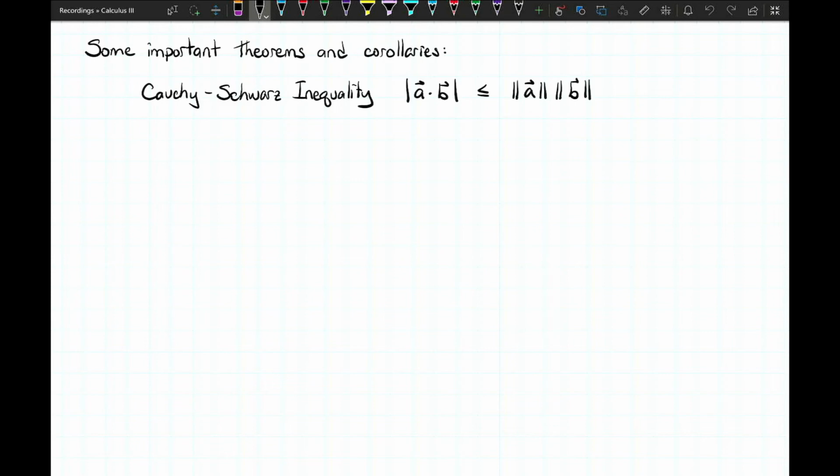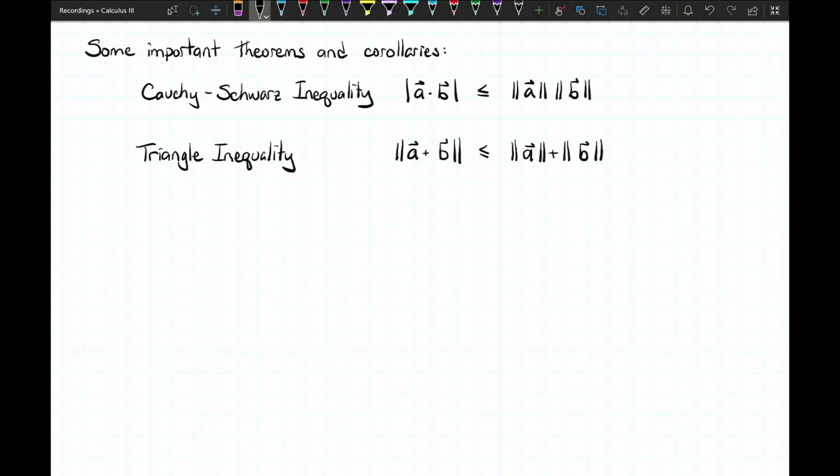Once you've got the Cauchy-Schwarz inequality, then we can come up with a little bit beefier inequality called the triangle inequality. Now, what the triangle inequality states is that the norm of the sum of the vectors a and b is always going to be less than or equal to the sum of the norm of a and the norm of b. A little bit tricky wording there.